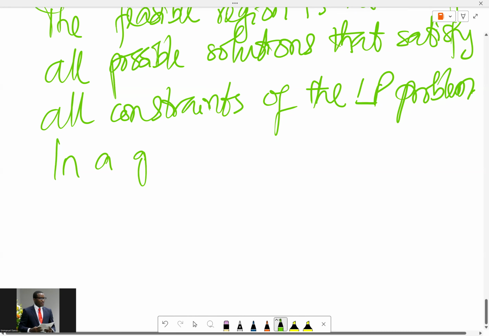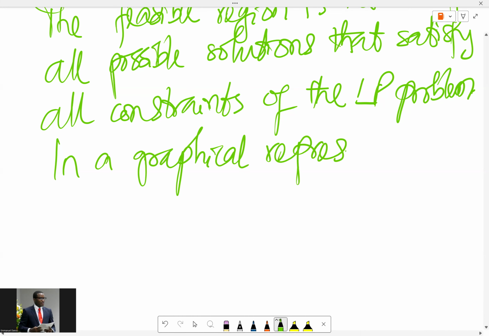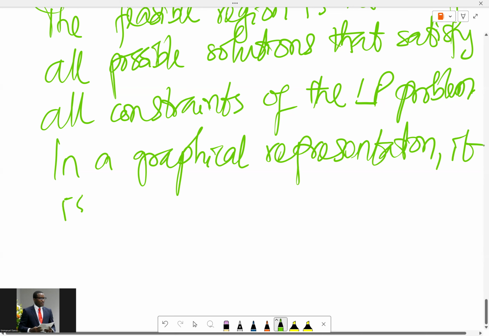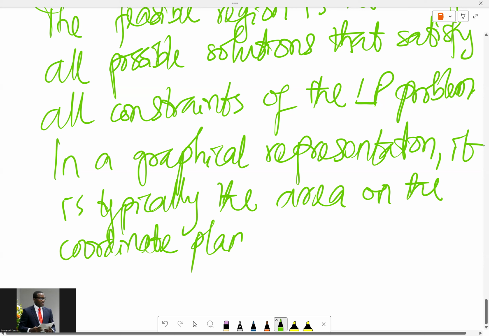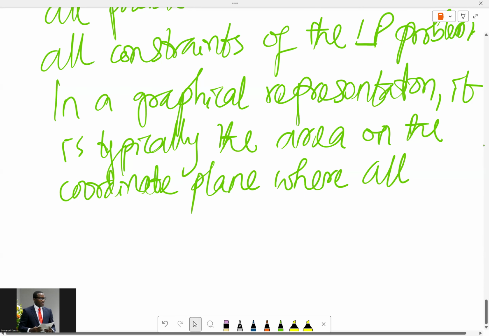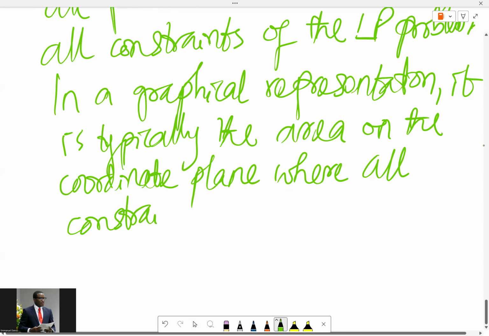So in a graphical representation, it is typically the area on the coordinate plane where all constraints overlap.